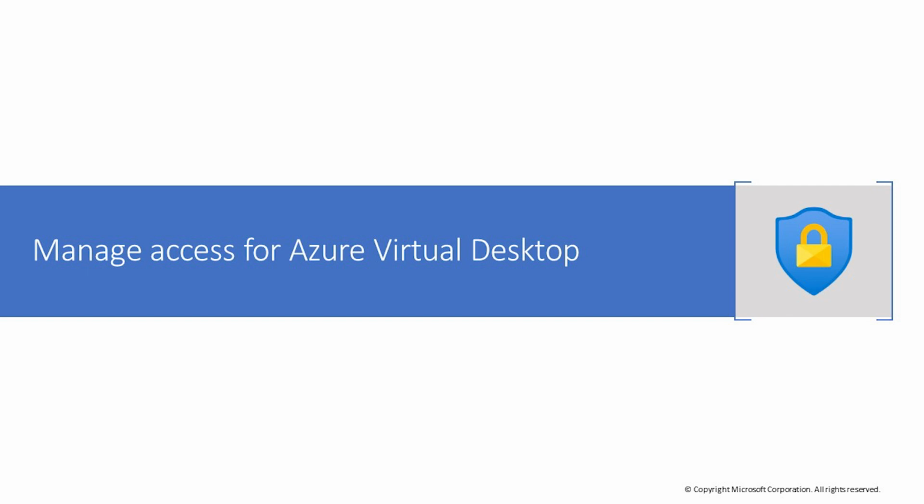Say, for example, if I make you the owner of an Azure subscription, that subscription itself is the scope. That means you can manage the entire subscription. So that becomes the boundary.